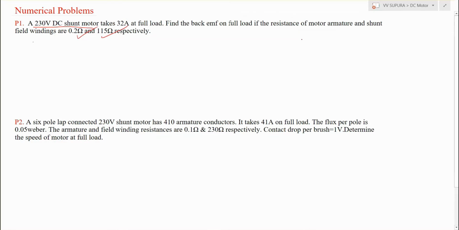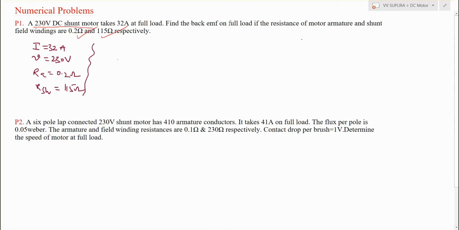Let's write the given data first. The supply current I is equal to 32 amperes and supply voltage V is equal to 230 volts. Armature resistance is equal to 0.2 ohms and shunt field winding resistance RSH is equal to 115 ohms. So this is the given data.